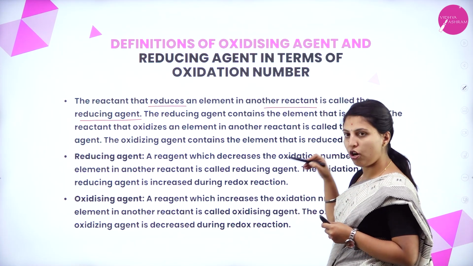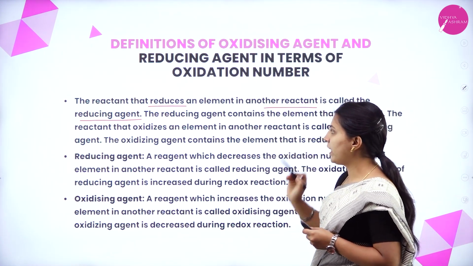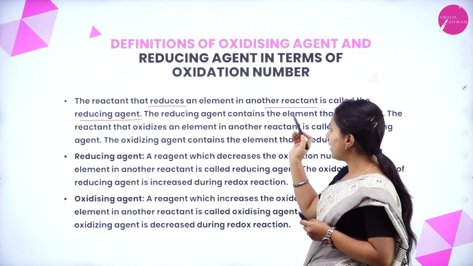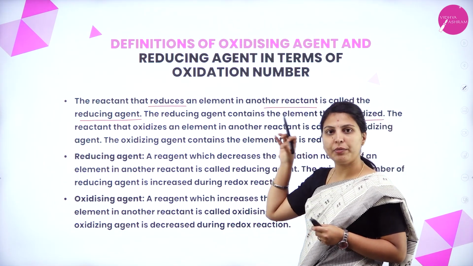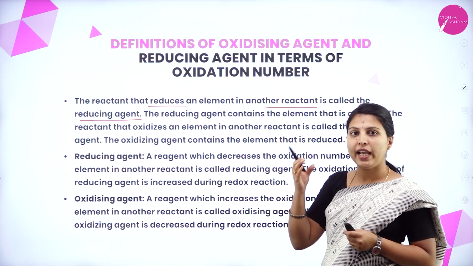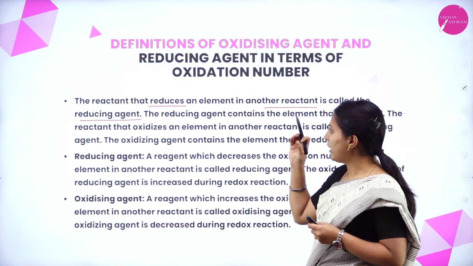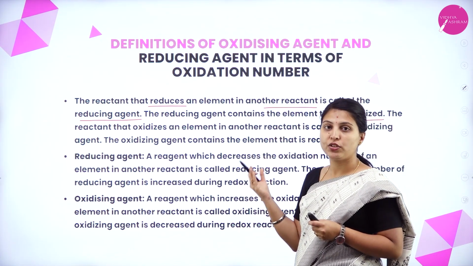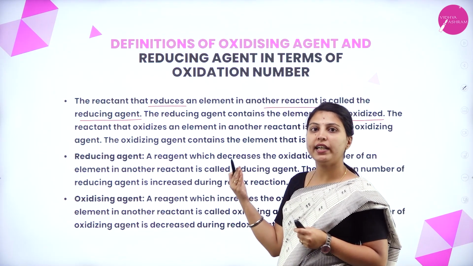Whatever gets oxidized, that is contained in the reducing agent. But what is the function of the reducing agent? It reduces an element in another reactant, so that other reactant gets oxidized.